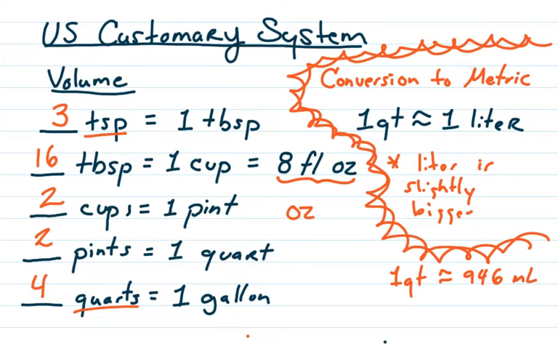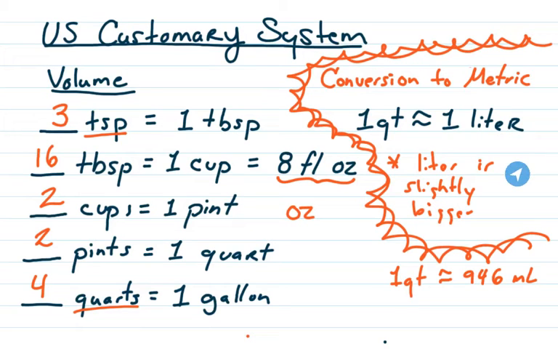Okay, now on to conversion to the metric system. So here I have, if you're just talking to somebody or trying to make a good estimation about something, converting it from the U.S. customary to the metric system, a good thing that you could possibly do in your head is the fact that 1 quart is approximately 1 liter.